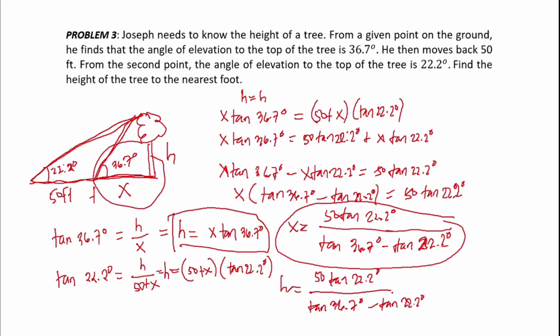multiplied by tangent 36.7 degrees. If we use the calculator, h is approximately 50 tangent 22.2 degrees over tangent 36.7 degrees minus tangent 22.2 degrees, times tangent 36.7 degrees.